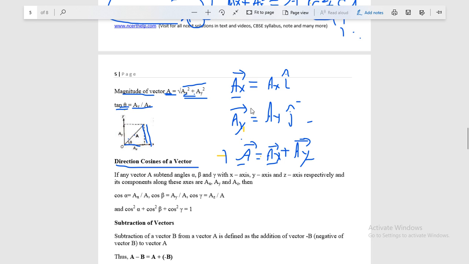Okay, now you can replace this ax vector by ax I cap and this ay vector by ay j cap.